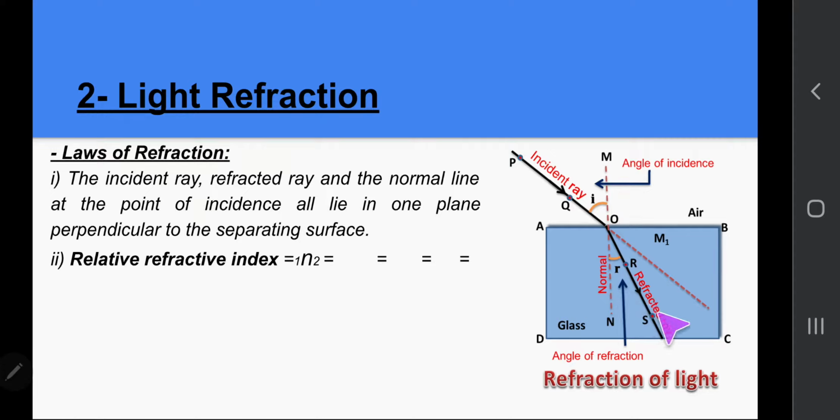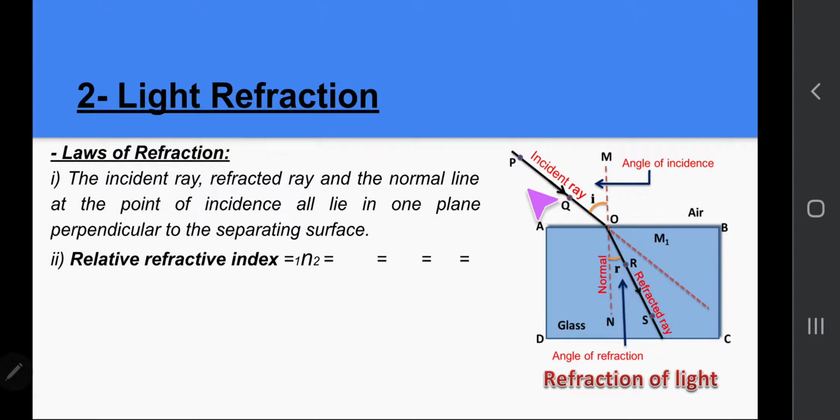Velocity changes and the wavelength changes, as I explained in chapter 1. When the light ray changes its medium, the velocity and wavelength change, but the frequency is still constant.